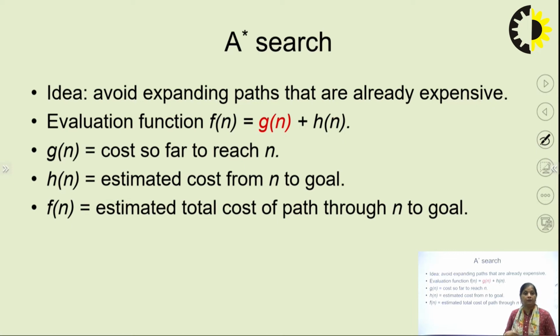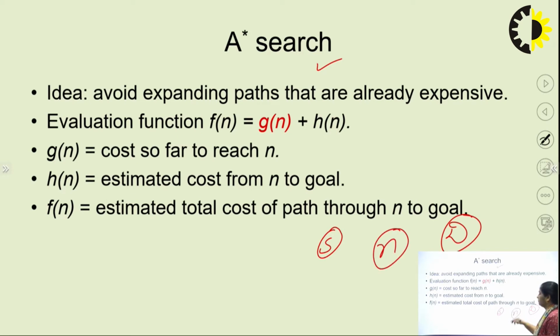So the second method from best first search techniques is A star search. In A star search, we try to solve the problem that we faced in greedy best first, that when it starts from S, it reaches D via N. Now we want to consider this cost also.